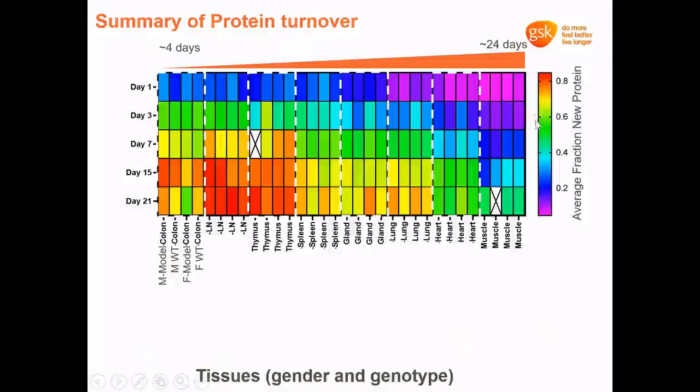Here's a heat map capturing all of the data, where we're comparing the fractional synthesis of new protein across the colon, lymph node, thymus, spleen, salivary gland, lung, heart, and muscle. And what we can see is the half-life of the protein ranges from 4 days to 24 days over these different tissues, which is really exciting if we are thinking about our bespoke target as the point of intervention, where we are trying to modify this protein's activity, what tissue matters.